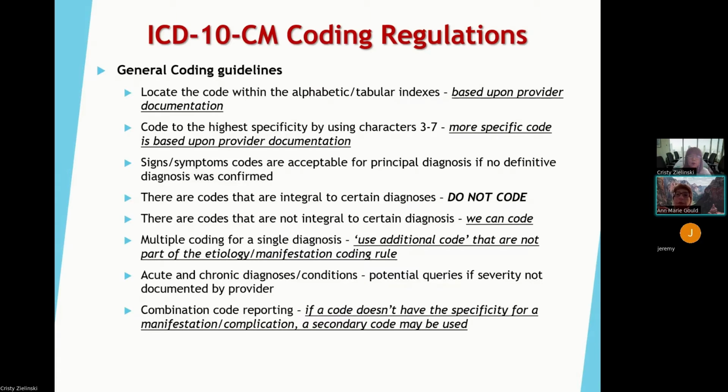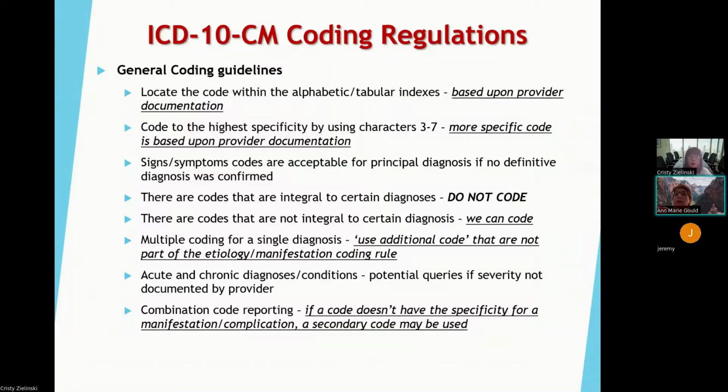And we all know that from a CDI point of view. And there are codes that are integral to certain diagnoses, so we don't code those. Like the example I just gave, acute pulmonary edema is inherent to acute heart failure. And there are codes that are not integral to certain diagnoses, so we can code those.